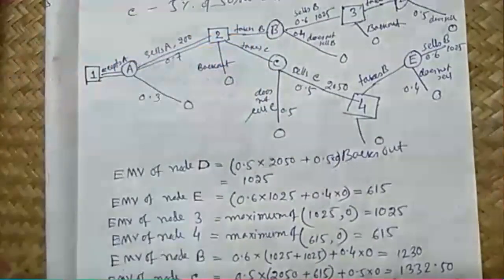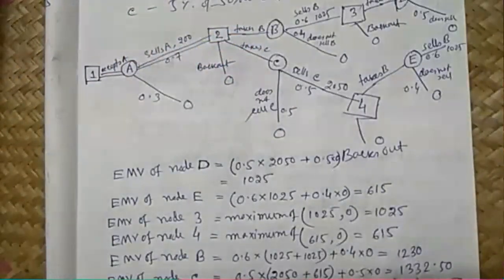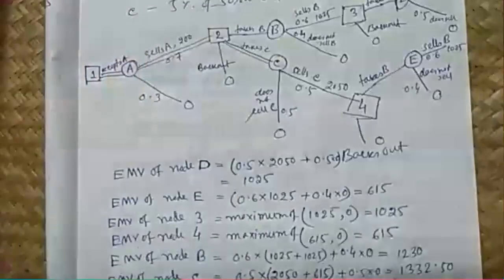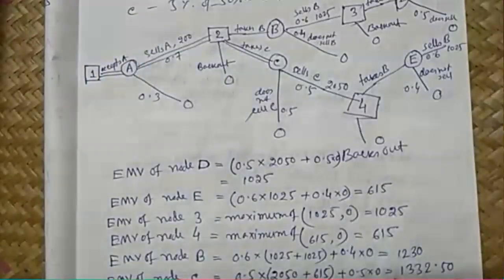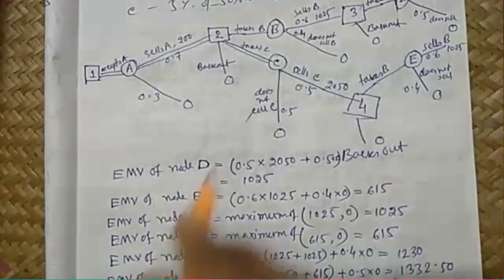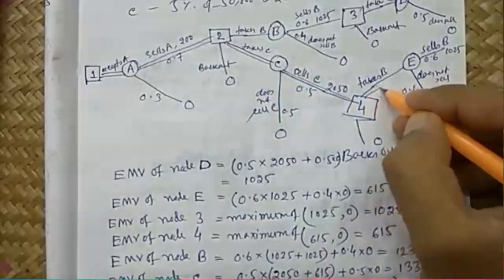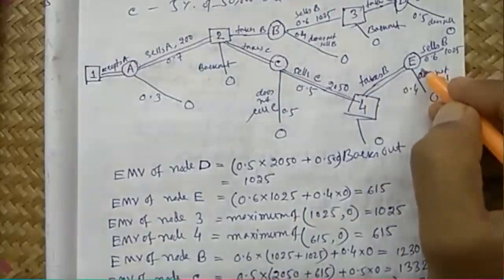His max payoff is on C. It is 1332.50, and node B it is 1230. So he must choose to take C first, then he sells C, and then he follows this path, then he takes B and he sells it.